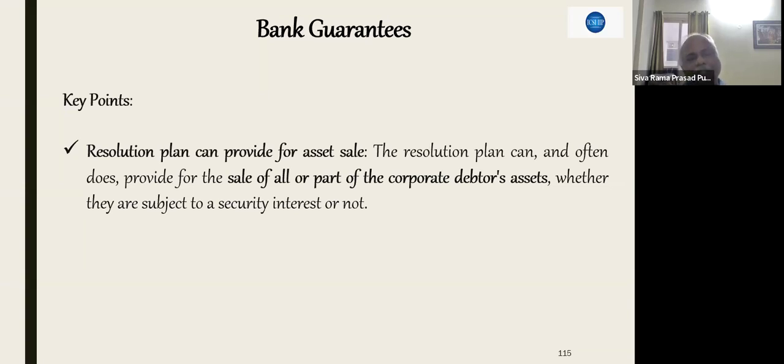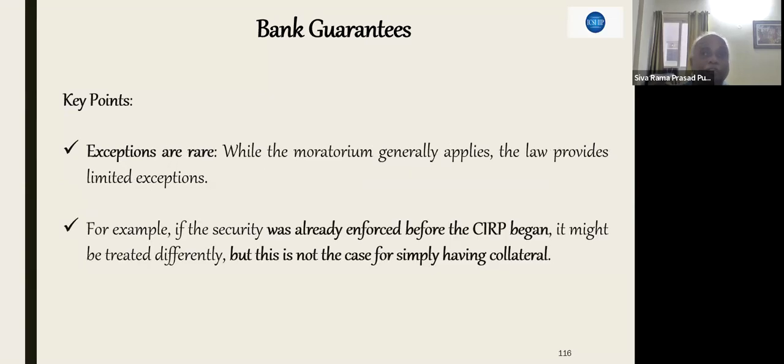All these things in normal loans, whatever conditions we are following, the same is applicable for bank guarantees where the guarantees are backed by securities. Exceptions are rare. While the moratorium generally applies, the law provides limited exceptions, for example where security was already enforced before the CIRP began, but not in the case of simply having collaterals.